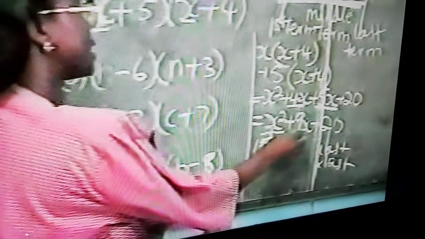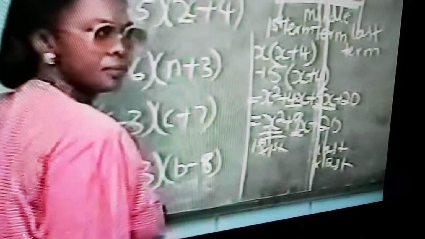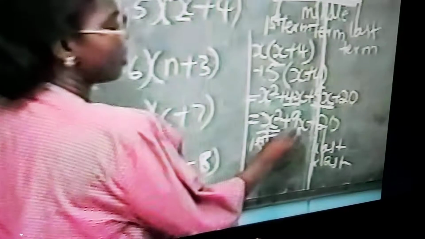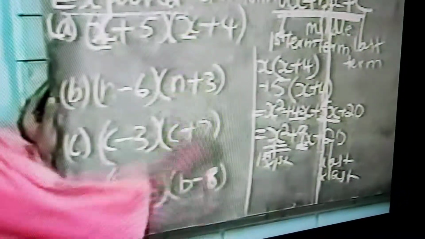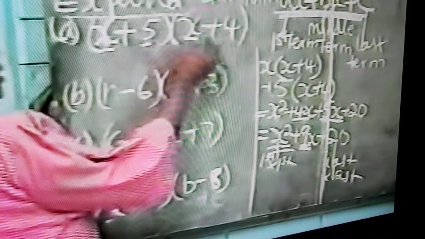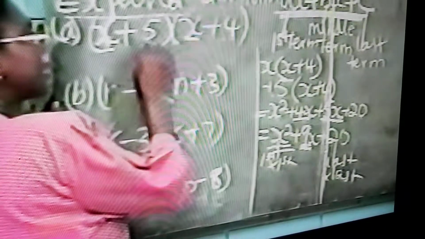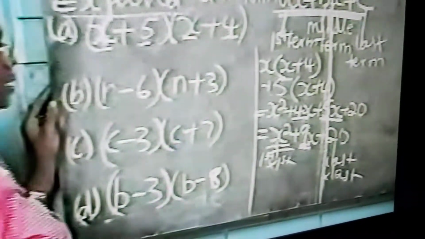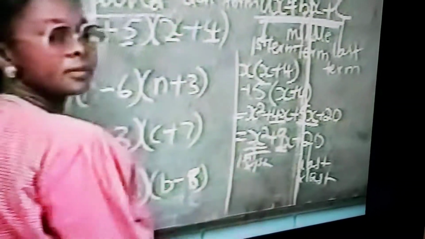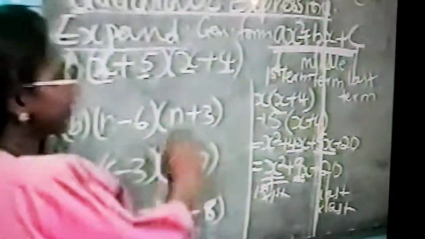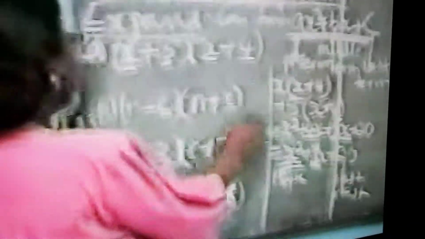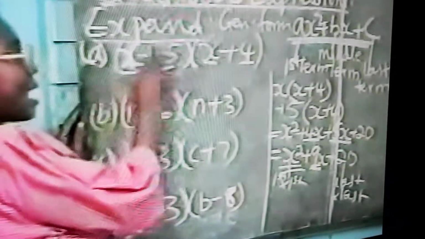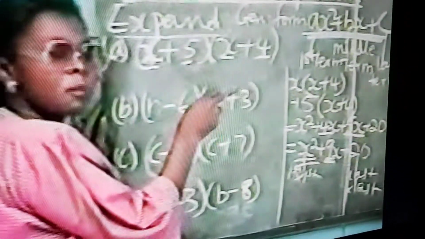Then the coefficient of the middle term is the sum of the second figure in this bracket and the second figure in that bracket. 4 plus 5. Now, the reason this is so simple is because the coefficient of x here and the coefficient of x here is 1.